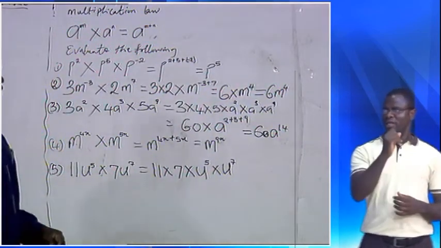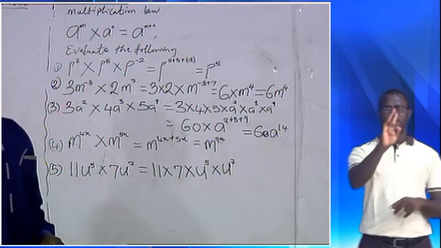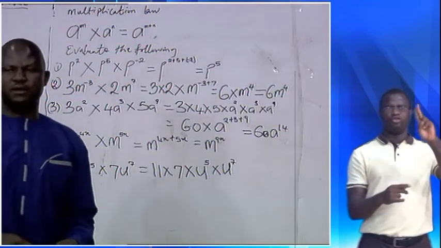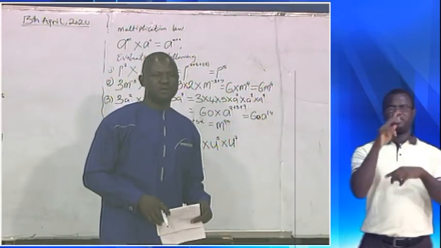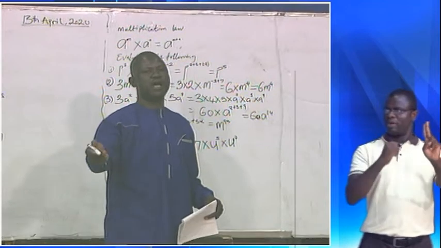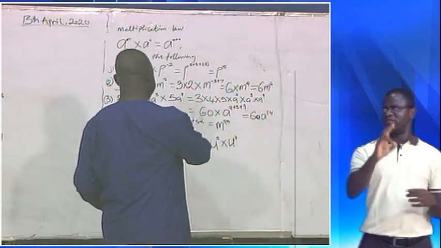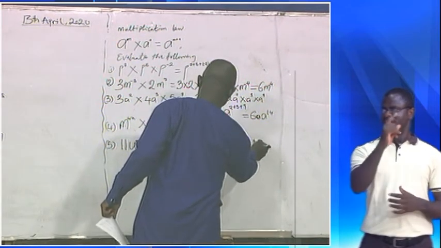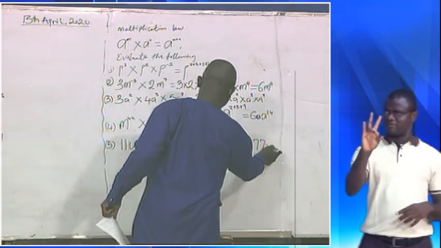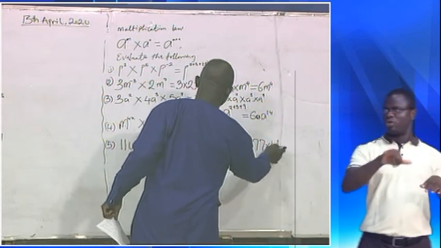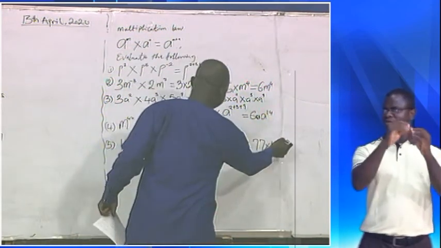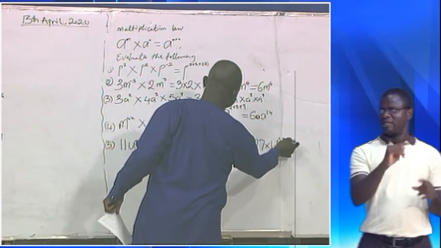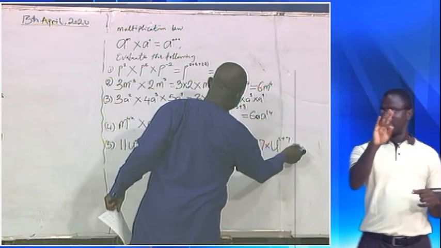Now, viewers at home, 11 times 7. We are not in the exam hall. You are free to use your calculator or you are free to use your hand. If you press your calculator, 11 times 7 will give us 77. Then multiply by u raised to power of 5 plus 7.